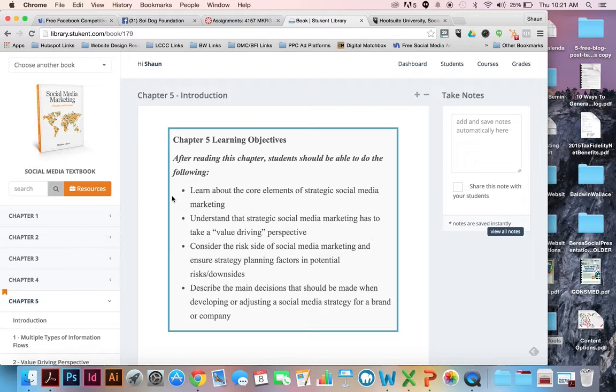So in the earlier portions of this class, we developed an assessment or an audit of what your competition or what peers in your industry are doing in social media, what's working for them, what's not. So what I need you to do is to develop your own social media campaign.